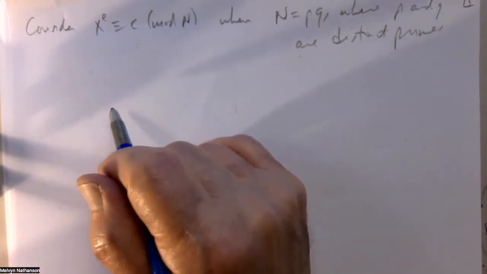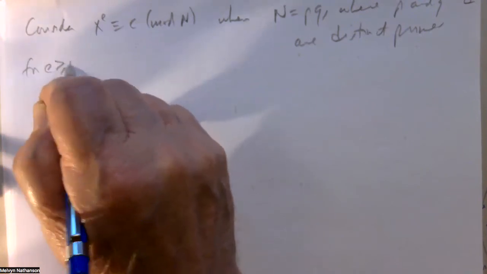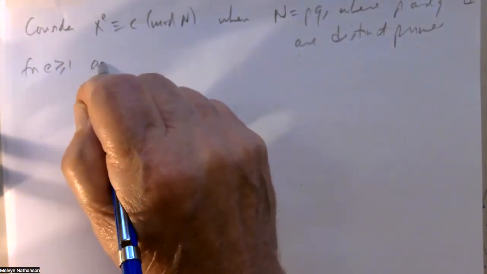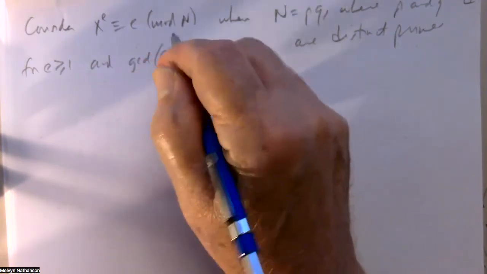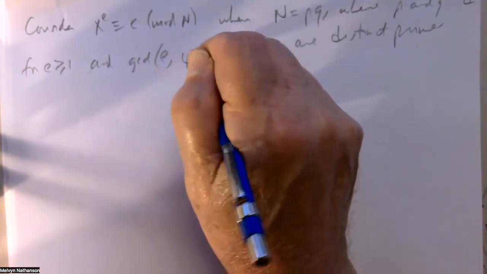And we're going to consider this in the case when E is a positive integer and the GCD of E and P minus 1 times Q minus 1 is 1.